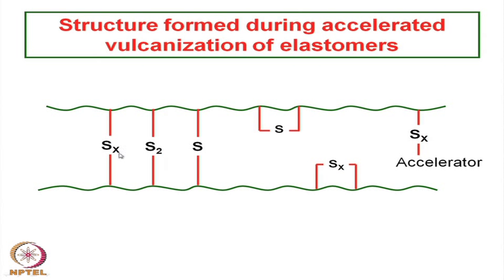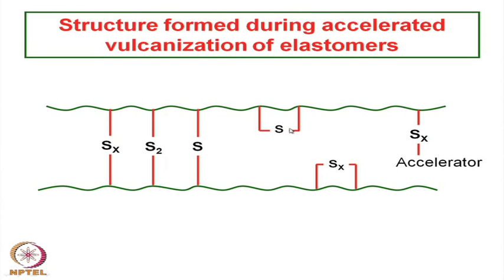The more the concentration of this linkage, the more the tensile strength, but the poorer the aging characteristic. That means if there is more concentration of SX, the life of the product will not be good, whereas with less SX, more S2 and more S, that will be an excellent or efficient vulcanized network.